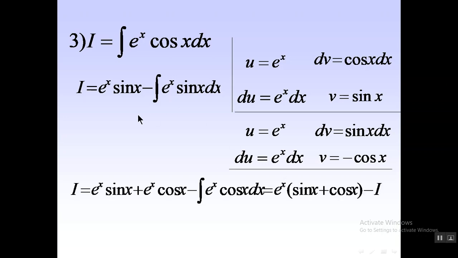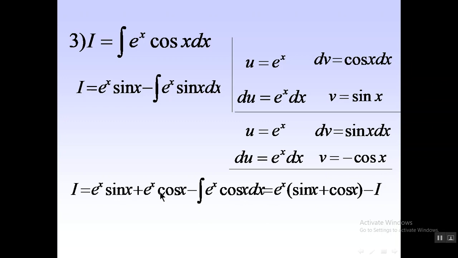Therefore, we have I equals, this is the part we already had, for this integral it is minus uv, you already have one minus here, so you get plus e to the x cosine x, and minus the integral of e to the x cosine x.